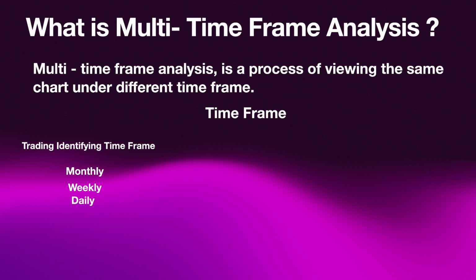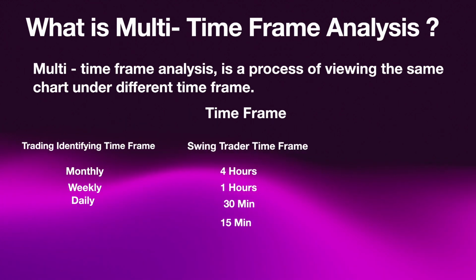Okay? Then we have positional or swing trading time frames. Anyone who wants to hold a position for more than one day falls under this category. The most suitable time frames to enter the trade for positional trading are 4 hour, 1 hour, 30 minutes and 15 minutes. Okay?